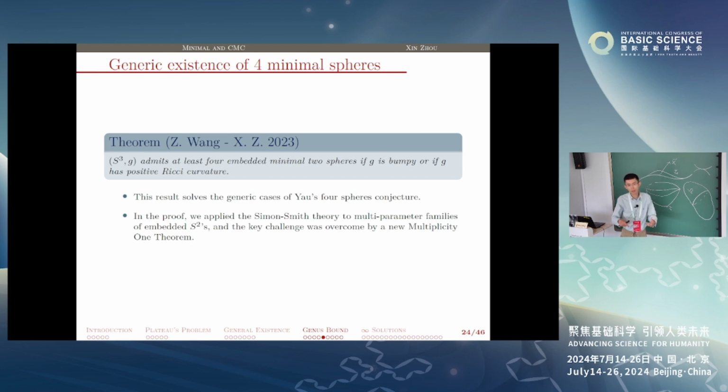But the theory intrinsically carries integer multiplicities, which means that if I apply the second time, I may get the first solution counted with higher multiplicities. And the previous works try to overcome that by hand. And we were able to prove a multiplicity one-type theorem that gives this, but only under positive Ricci curvature assumptions.